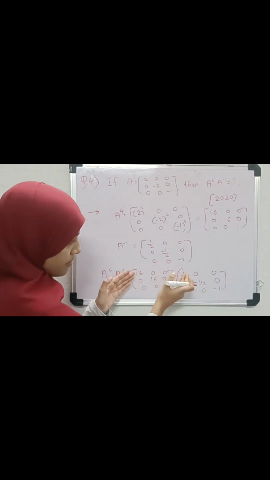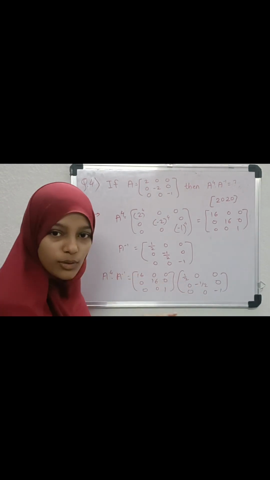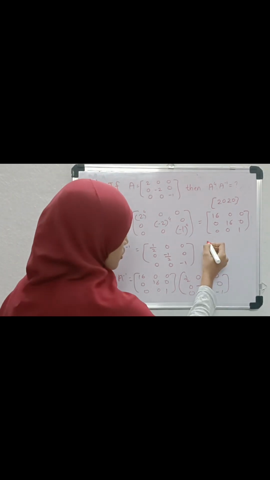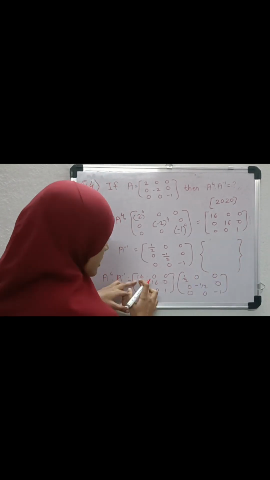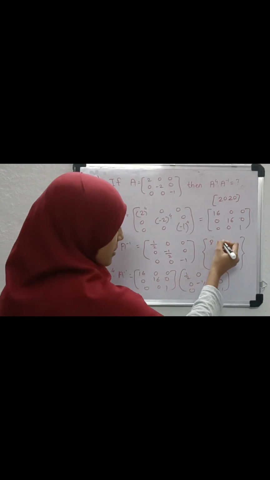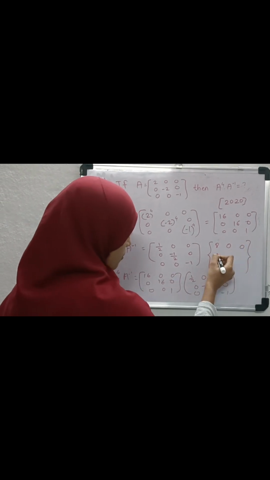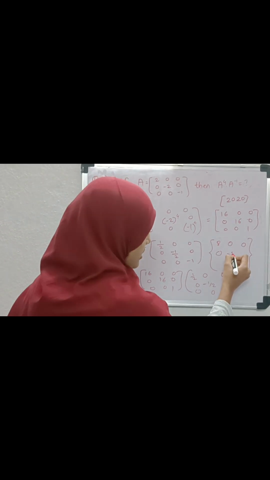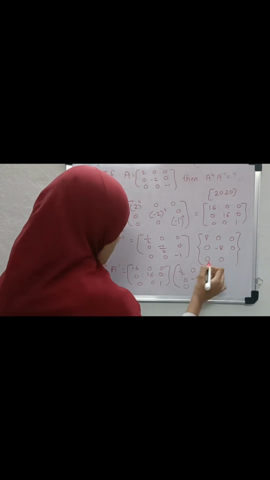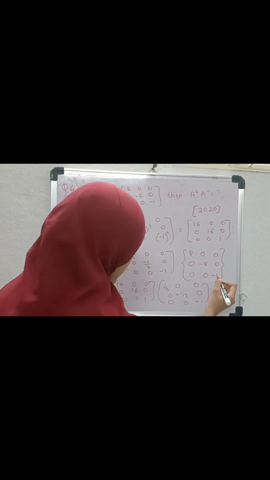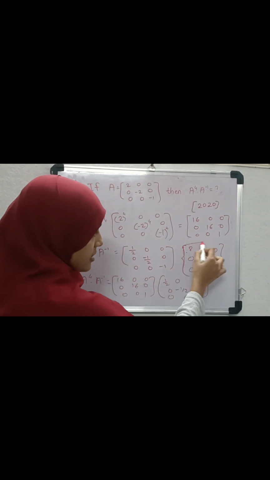We will just multiply this into this so that the 0 will not affect it. So the final answer we will get is 16 by 2, that is nothing but 8. So 0 will be 0 only, 0, 0, 0. Now 16 into minus 1 by 2, that is minus 8, 0, 0, 0 and 1 into minus 1 is nothing but minus 1. So this is our final answer.